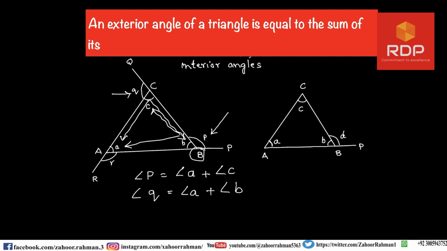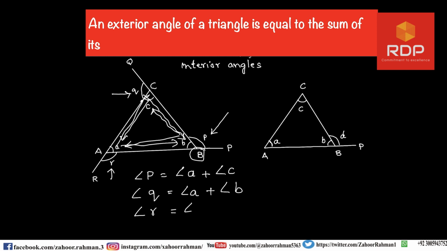So similarly, if we want to find angle R, there is a very simple way. Angle R will be equal to the sum of the opposite angles, which are this one and this one.